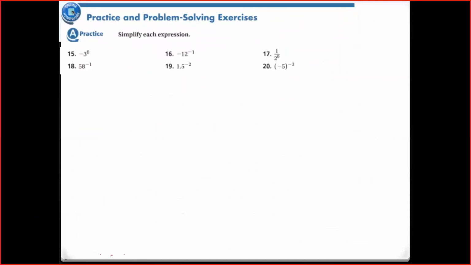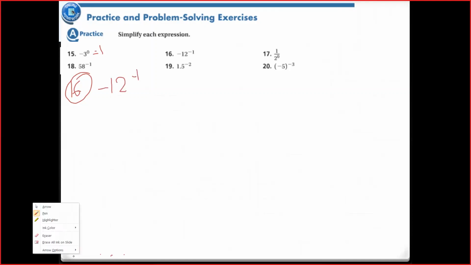Okay. Now, number 15 is easy. Any number to the power 0 is what? 1. Exactly. And now going to number 16. Negative 12 to the power negative 1. Now, what is the base here? I will ask myself, did he put brackets for me?